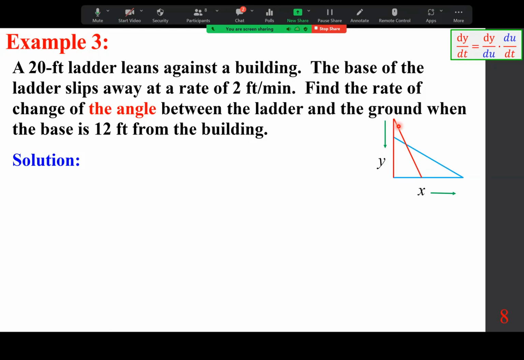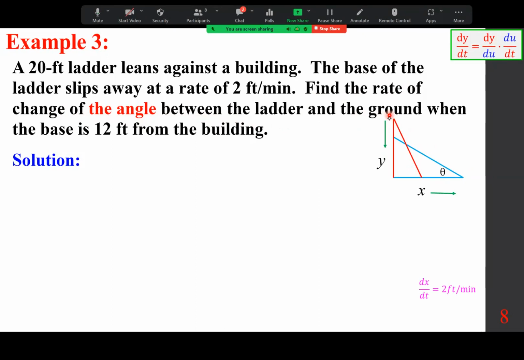Both angles change. Now, which one are we interested in? Find the rate of change of the angle between the ladder and the ground. So this is the one we are interested in.